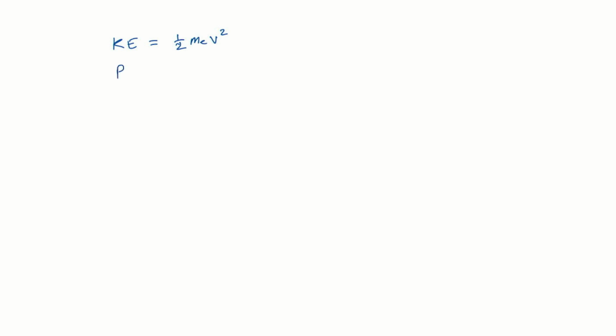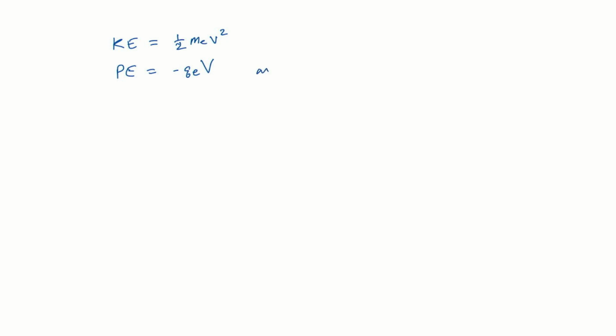The electric potential energy for the electron is going to be minus Q sub E times the potential. The potential is going to be due to the nucleus at the location of the electron.